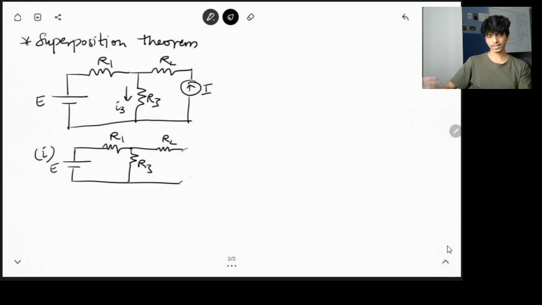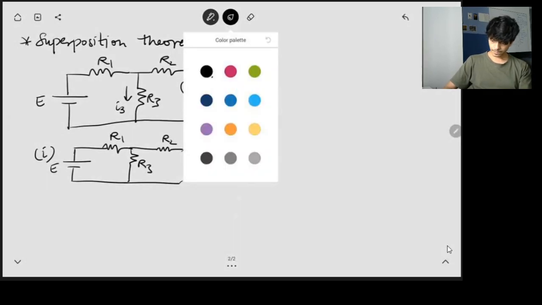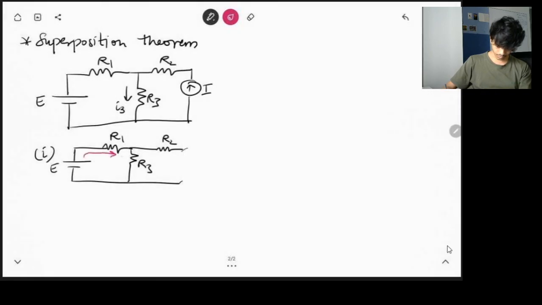So it's as if this circuit has remained open over here. So when you do this, obviously there will not be any current flowing through R2. Whatever current flows this way will then flow here. And then let's call the current over here I31.